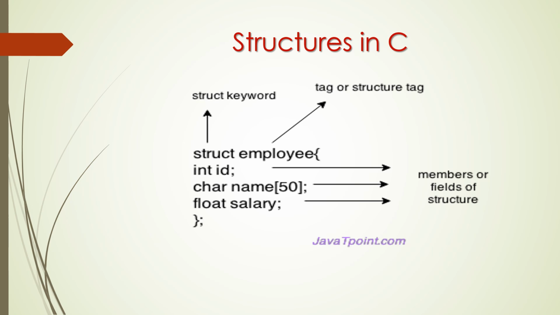Finally, we close the structure definition with a semicolon. So this structure is now a blueprint. We can use it to create multiple employee records, each with its own ID, name, and salary.